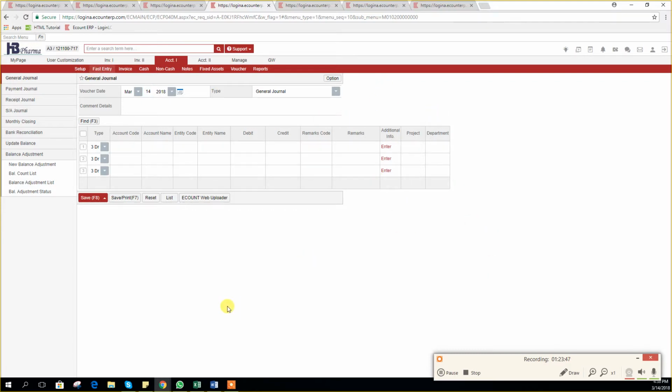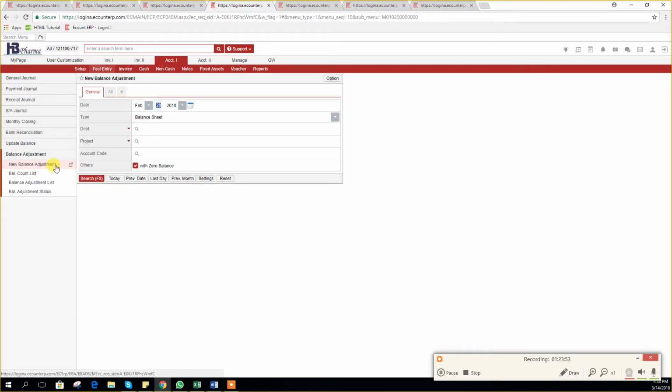So now, this is important. Beginning balance. So now, you want to change the beginning balance in 2015.